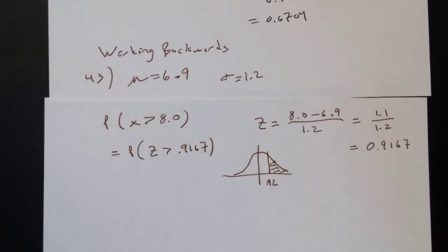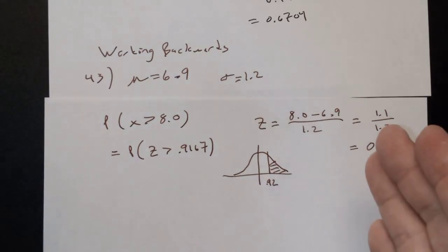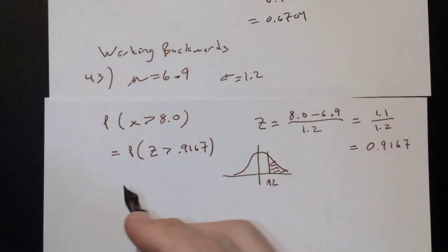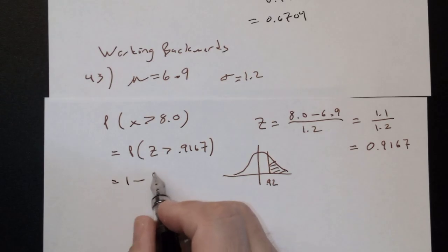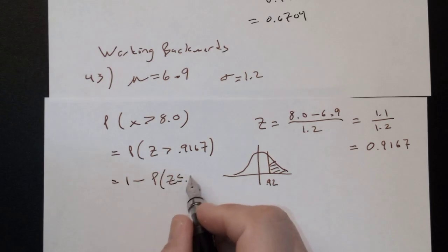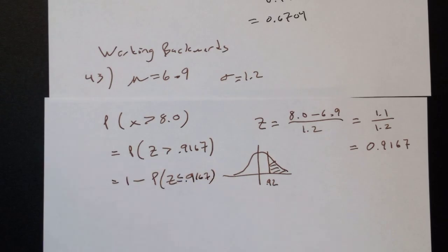All of my tables either work from the middle to the right or from all the way on the left to the right. I won't be able to use either table directly to get this. I'll need to subtract. If I think about the whole area as 1, then I could say this is the same as 1 minus the chance z is less than or equal to 0.9167, and that I can get off my chart. That comes right off of table C2.